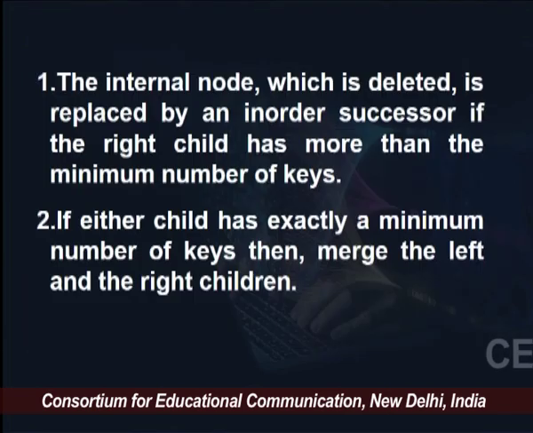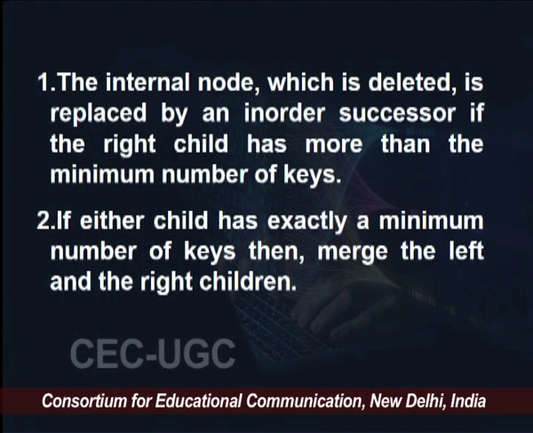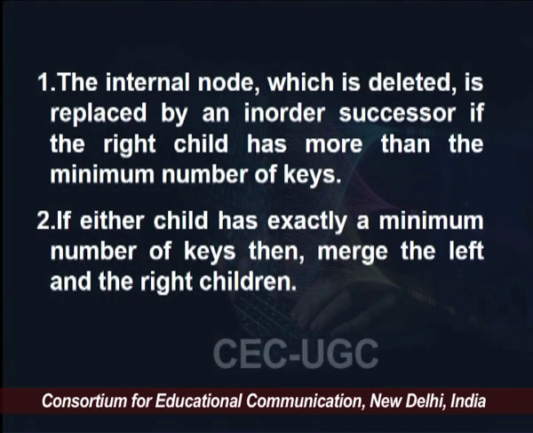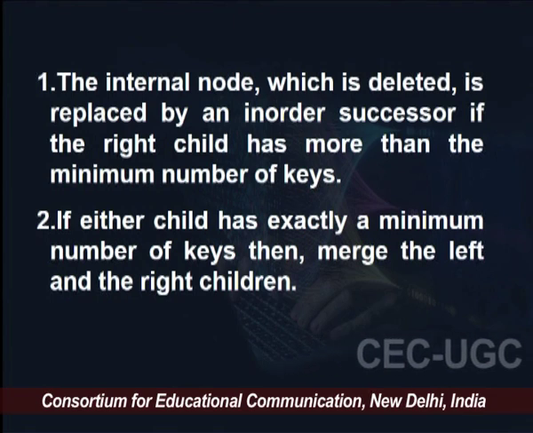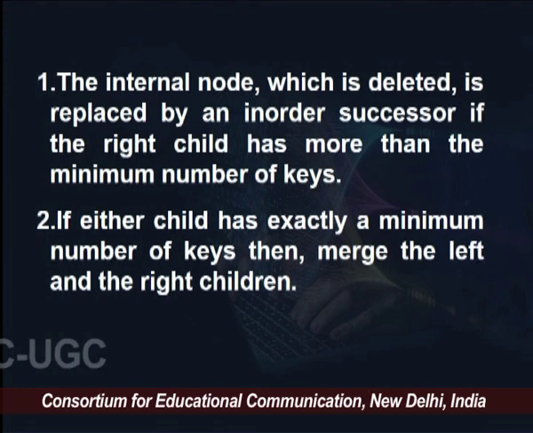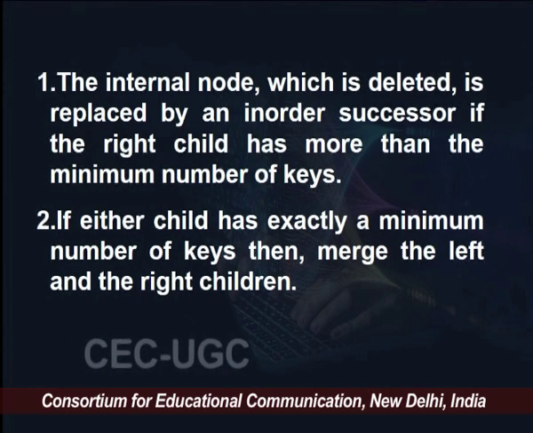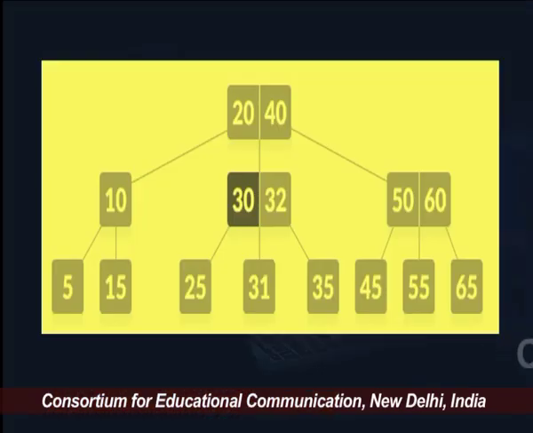So the internal node which is deleted is replaced by the in order successor if the right child has more than the minimum number of keys, but if either child has exactly the minimum number of keys, then we need to merge the left and right children. Let us see how this is going to happen. Here in this situation we have two keys in the parent node, 30 and 32.